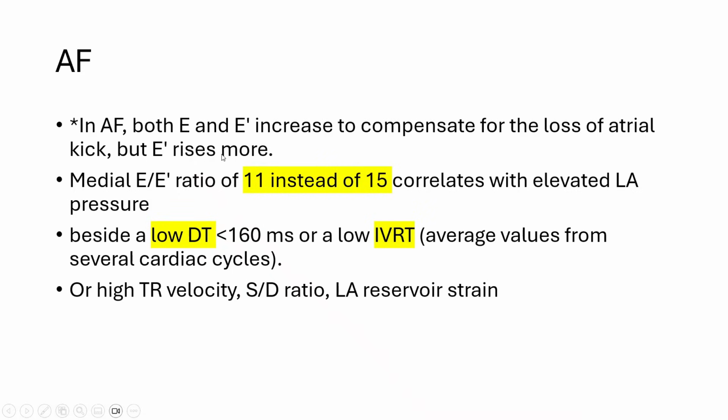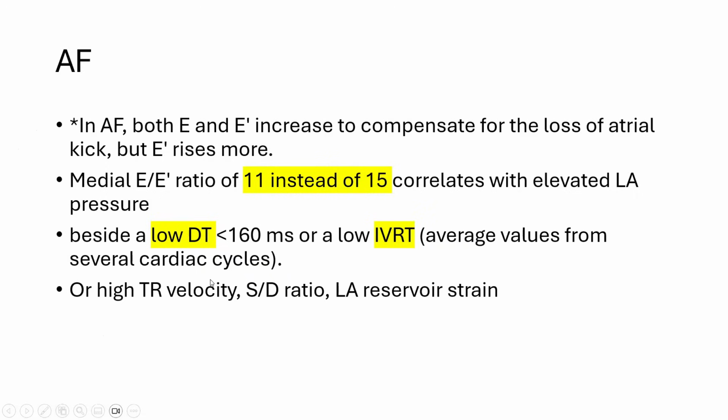But E prime rises more than E. That elastic recoil rises more than E. Therefore, for the same LA pressure, E to E prime ratio is lower in AFib than in sinus rhythm, again because E prime rises excessively. Therefore, in order to assess LA pressure, we use a lower E to E prime cutoff. So we can still use E to E prime ratio, but we use a cutoff of 11 instead of 15 for the medial E to E prime in AFib.